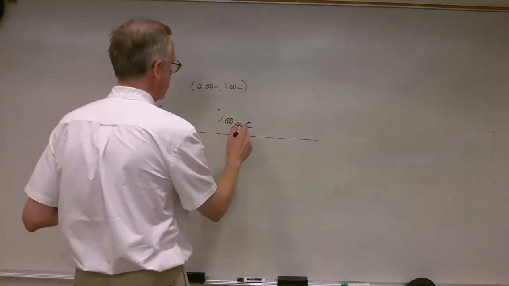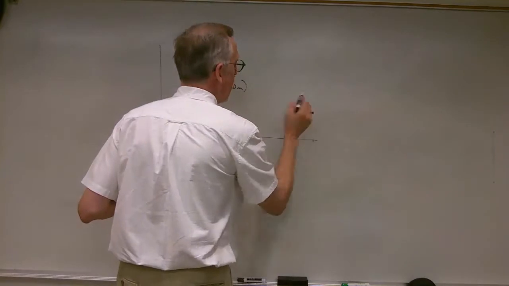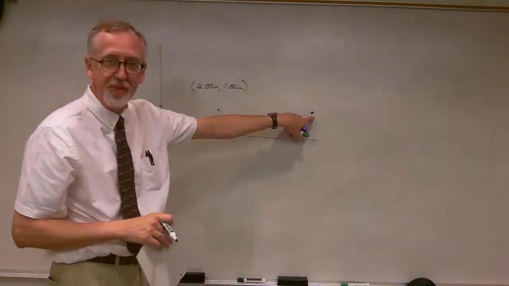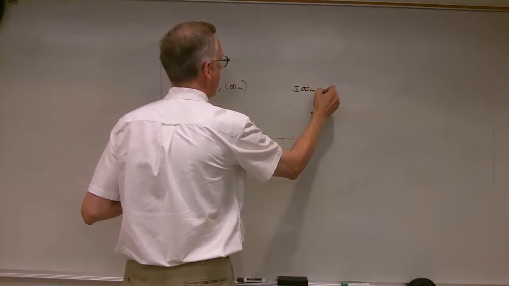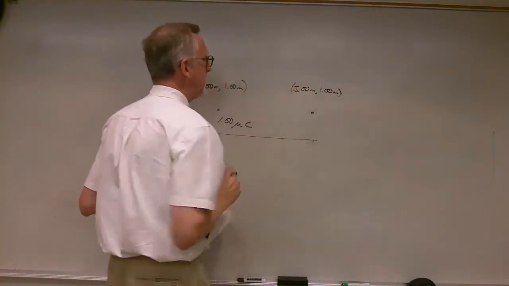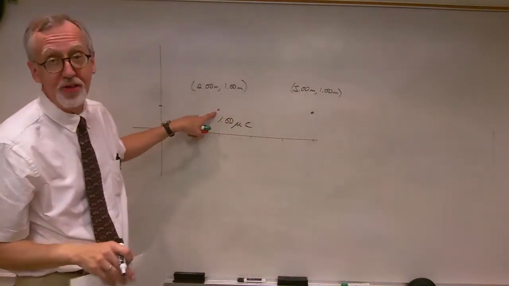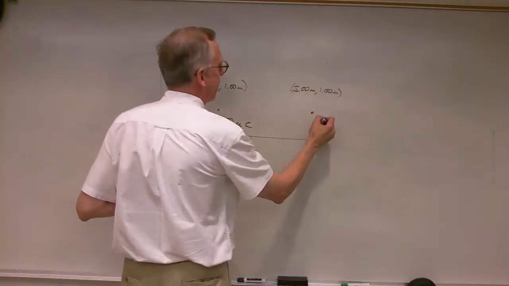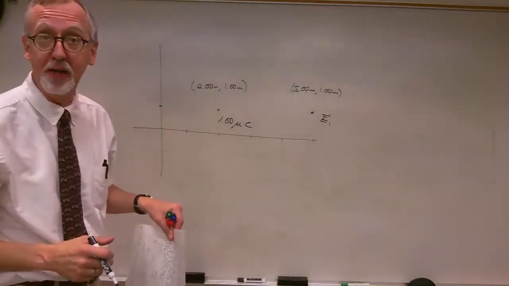So 1, 2, 3, 4, 5. Let's figure out the electric field at this point, 5 meters, 1 meter, due to this charge. We'll call that electric field E1.